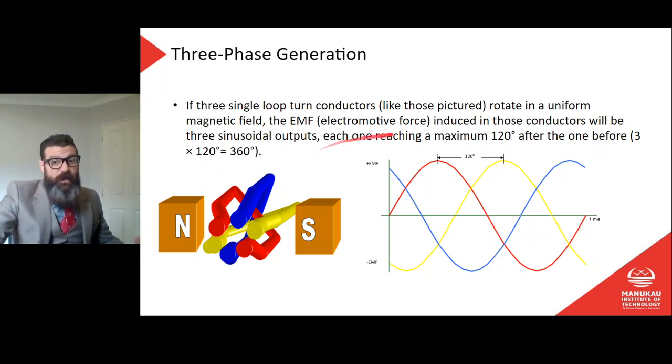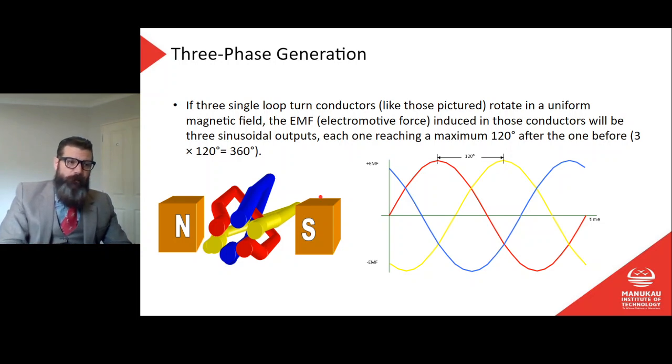They have to be evenly spaced. So physically, where you put those conductors next to each other in the rotor is what the phase separation would be on our sine wave. Gee, I hope that makes sense. It's a tough one to get across without looking you in the eyes.